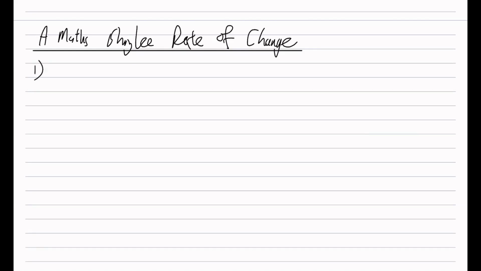So for question 1, there's a child who blows air into a plastic spherical globe at a constant rate of 50 cm³ per second. Find the rate of change of the radius, the surface area of the globe, when its radius is 20 cm. So let's figure this out. What is the thing that is changing here? It is the volume, right?